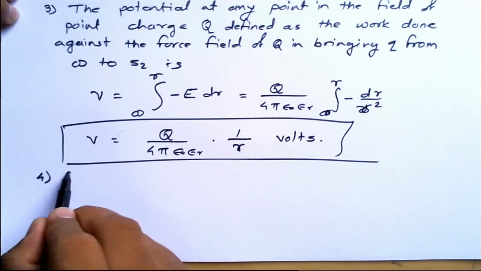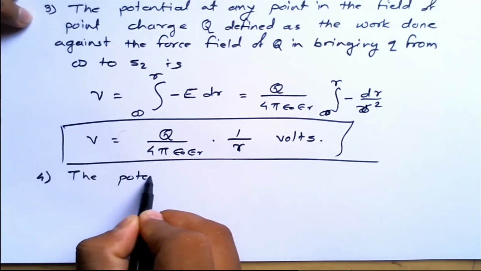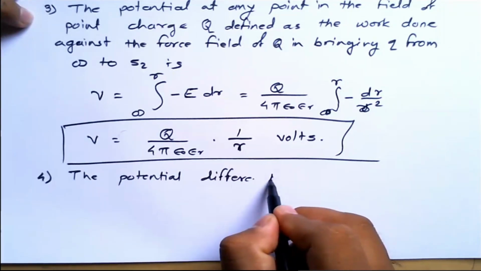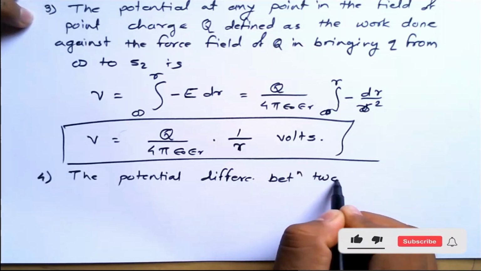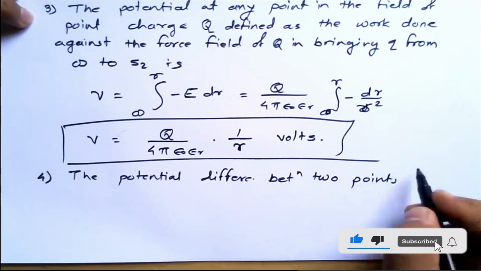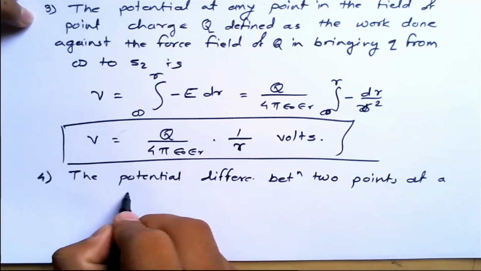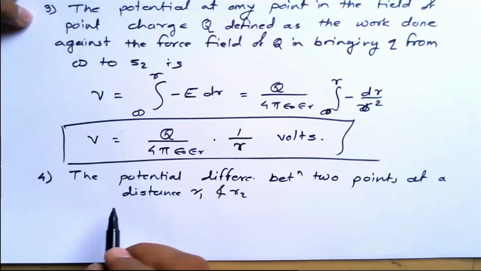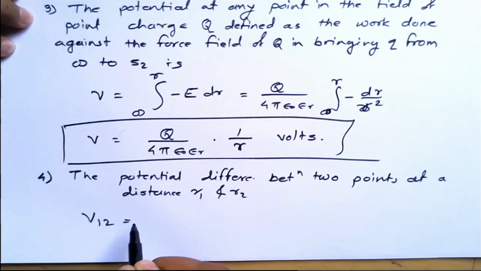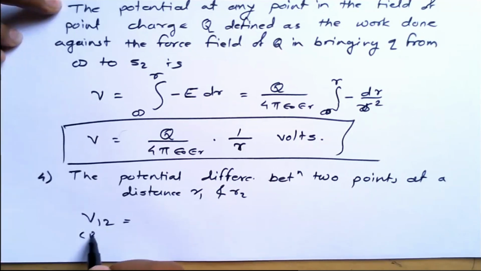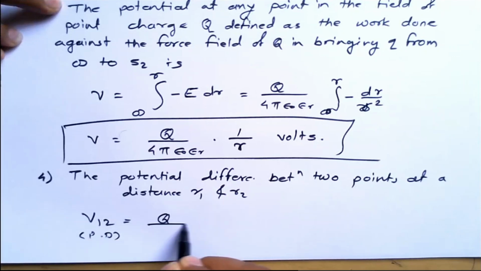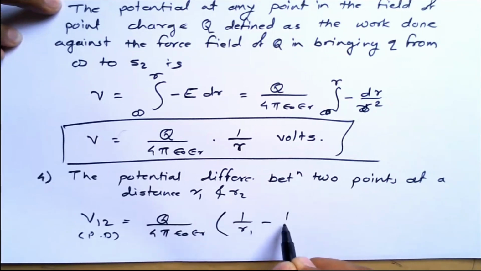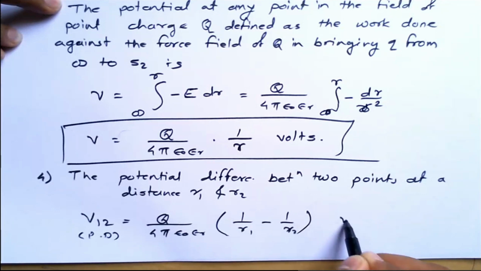The potential difference between two points at distances r1 and r2 is V12, which is given by q upon 4 pi epsilon 0 epsilon r into 1 upon r1 minus 1 upon r2 volts.